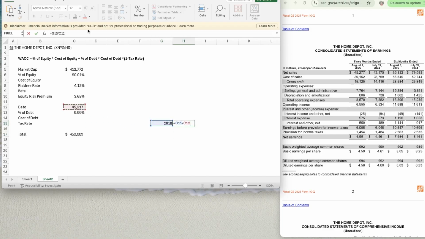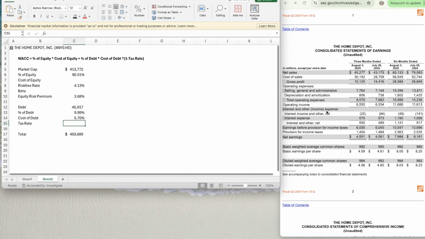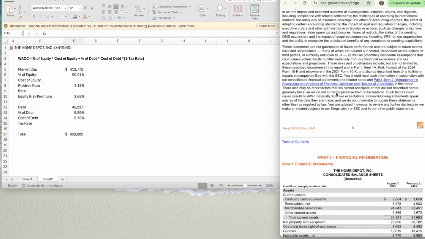Divide this, and it's about 5.7% the cost of debt. And then the tax rate, if they tell us what the effective tax rate is, we can just use that.